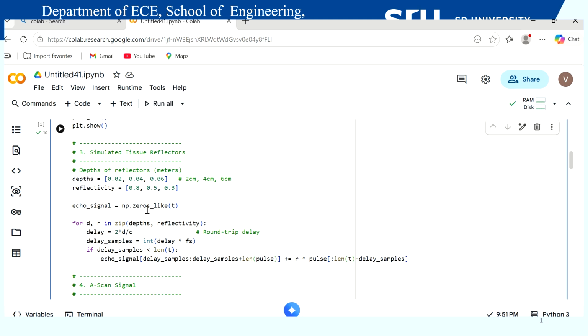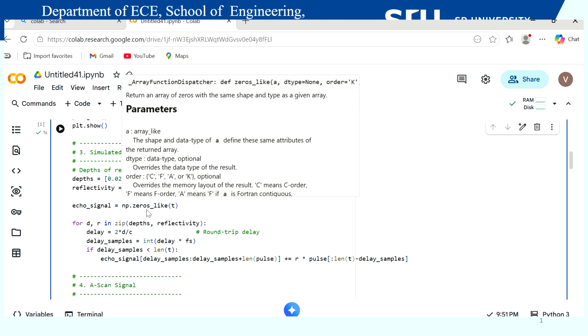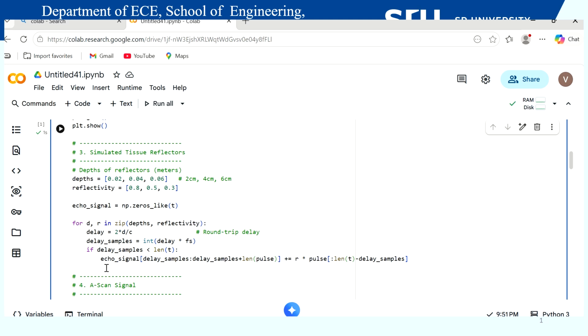And what is the meaning of this statement? For each depth and reflectivity, the round trip delay is equal to 2 times d by c, as ultrasound travels to the reflector and back.